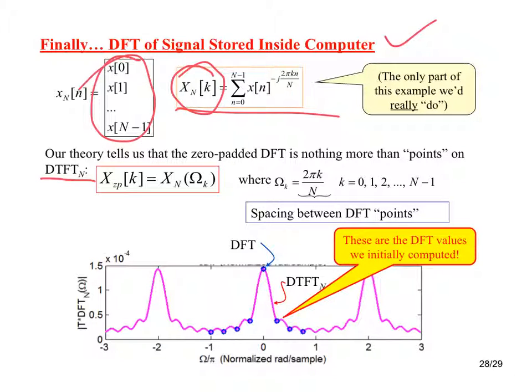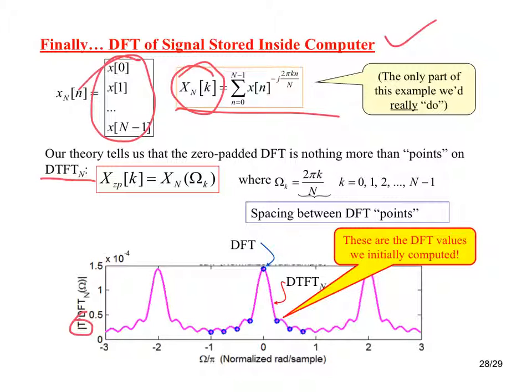So that magenta curve that we just saw, that's the thing that we're going to get points on. So if we actually literally compute the DFT and then we properly scale it with the capital T to be able to be compared to the CTFT. If we were only comparing DFTs to DTFTs, we wouldn't need the capital T, but we're going to keep the capital T there so that we can compare it back to our CTFT.